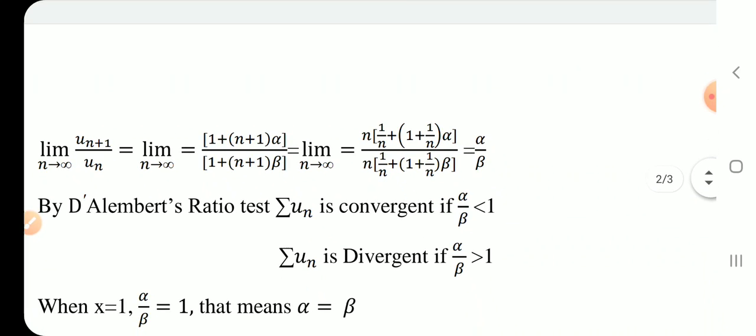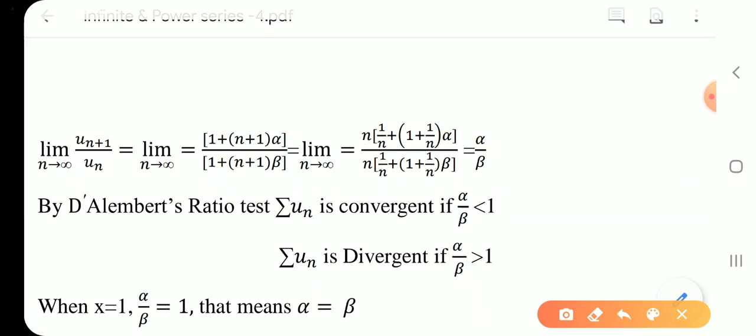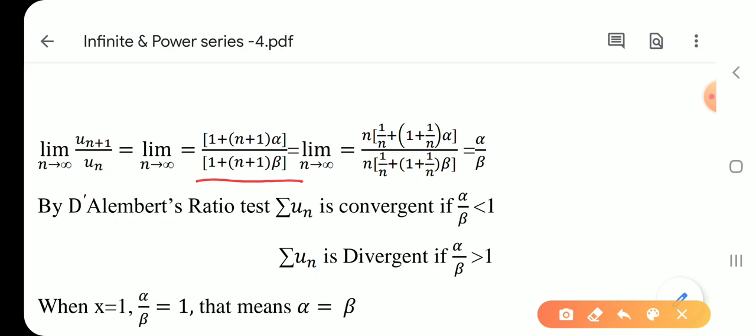Limit of un by un plus 1 by un as n tends to infinity. When I take the reciprocal and cancel, like terms cancel, and the remaining term is 1 plus n plus 1 into alpha divided by 1 plus n plus 1 into beta.